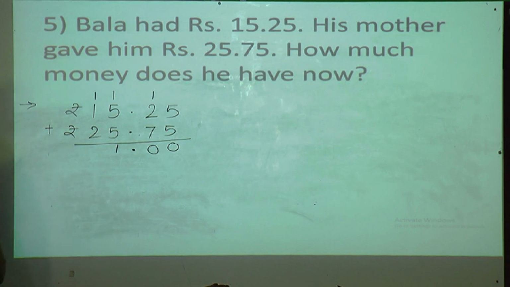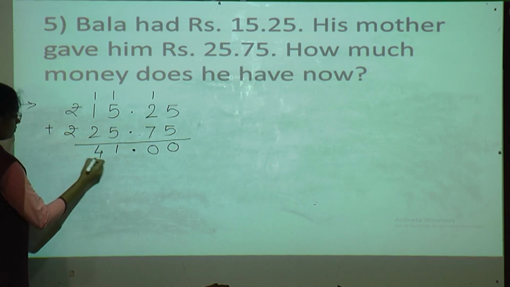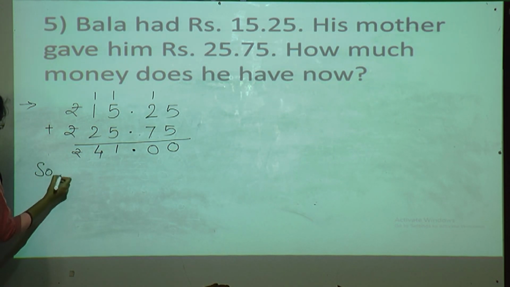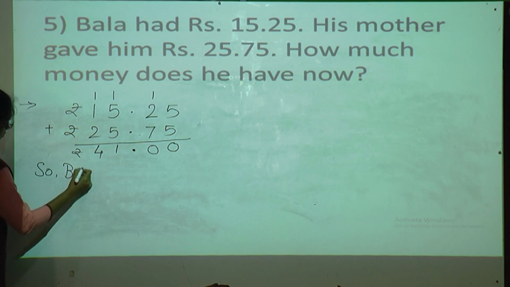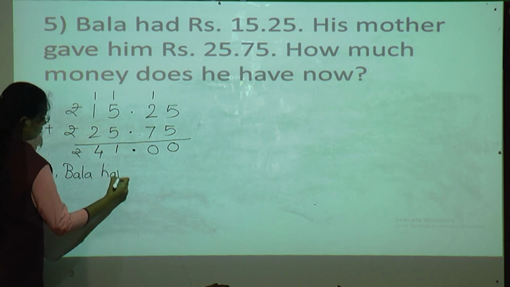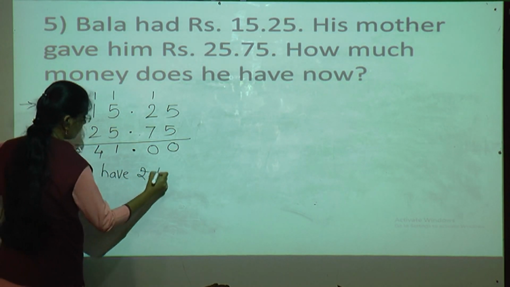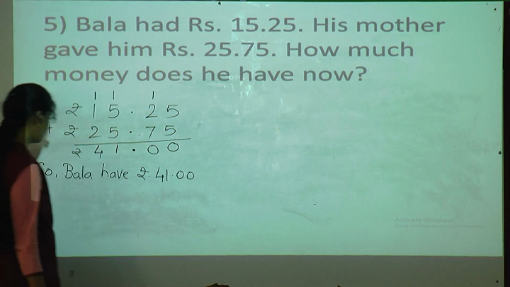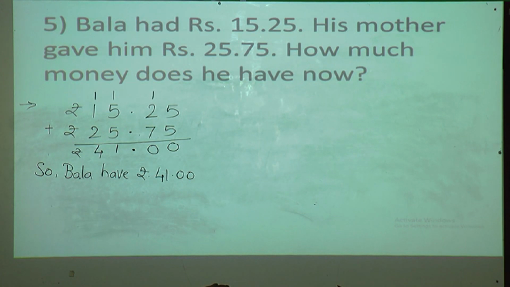So 2 plus 2, 4. So how will you write the answer here? So he has rupees 41. Okay, so Bala has rupees 41.